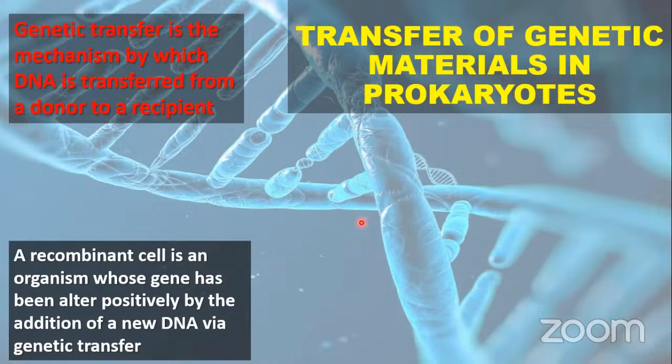Now, why do we go through the process of recombination? Let me explain this. There are some microorganisms, for example, Escherichia coli. These types of microorganisms are very versatile. They possess certain biotechnological abilities.